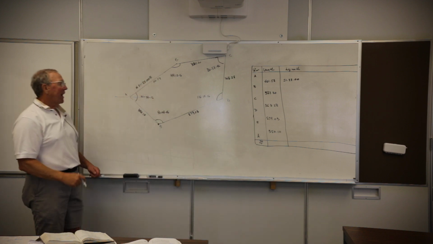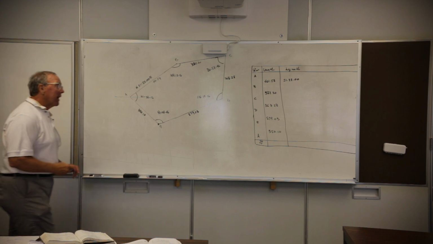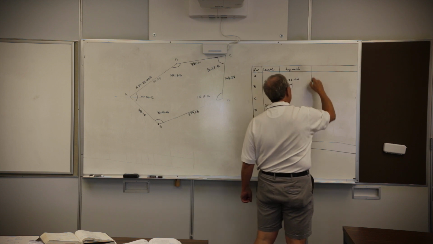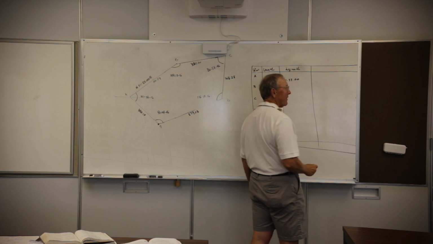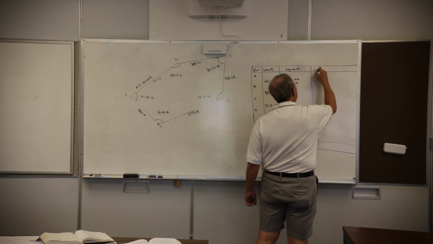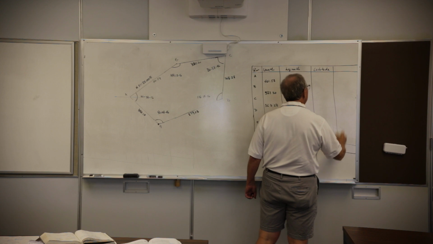Okay, now our job today is going to be to figure out how to put in the directions of all of those guys. And what's going to happen then is we're going to find the XY components. And unfortunately, that's not the way you think. It's not called XY component. It's called latitude and departure.